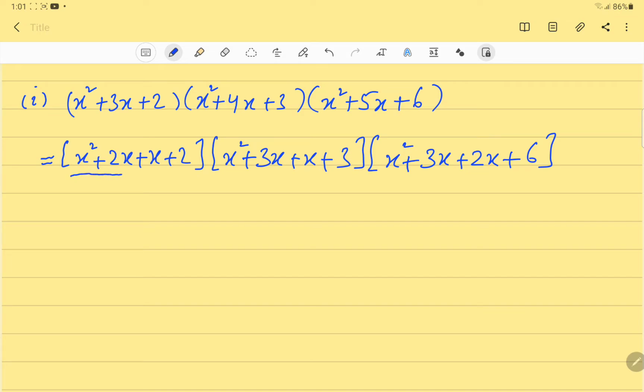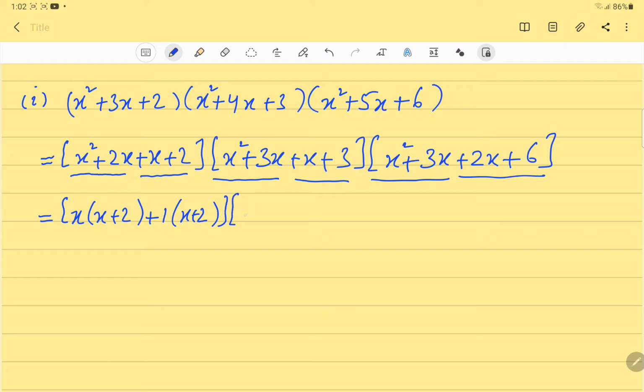Now we will make pairs of terms and take common factors in those. In the first pair of the first bracket we have x common, and then the bracket is left with x plus 2. In the second pair of terms we have 1 common.